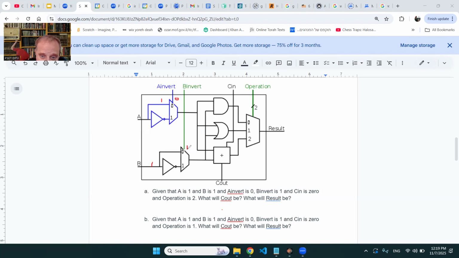This looks like the same as we had before, right? A and B are both 1, 0 and 1, C in is 0. That's the way it was before. Operation is 1. So operation is 1. What will the result be?